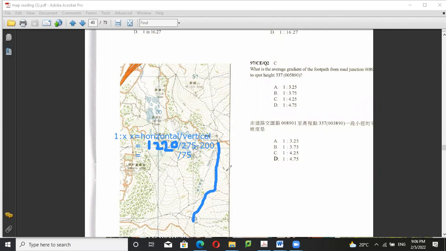First of all, again, vertical difference first. Let me erase this. But I would like to give you back the equation. Horizontal x equals horizontal difference over vertical difference.